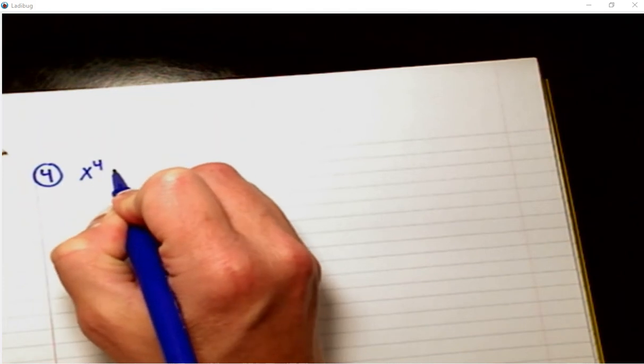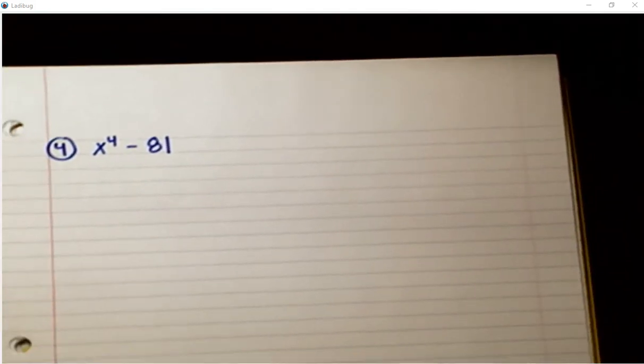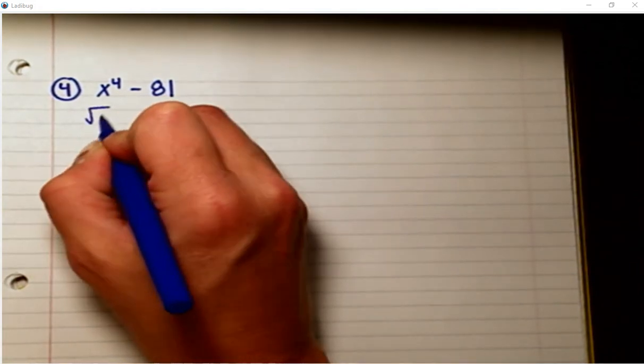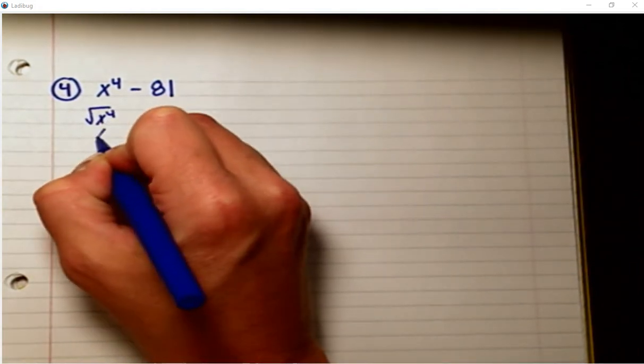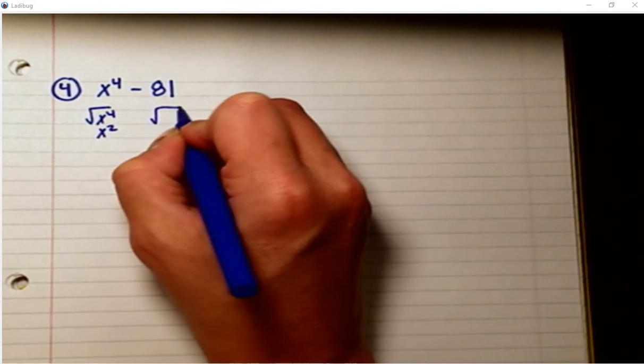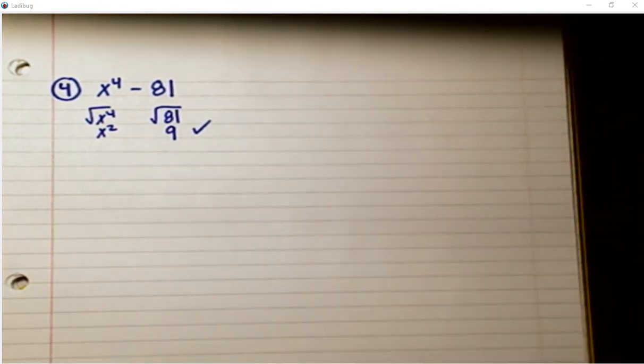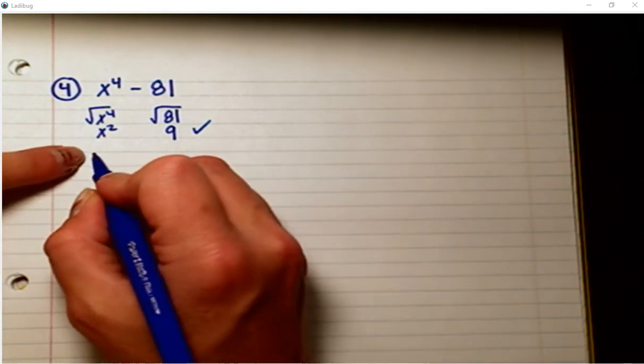X to the 4th minus 81. Okay. Little tricky because I've got a higher power. So the first thing I'm doing is checking to see if they're perfect squares. They are. Can't you square it again? You can. So hold that thought because we are going to do it twice, but we're going to do it one step at a time.